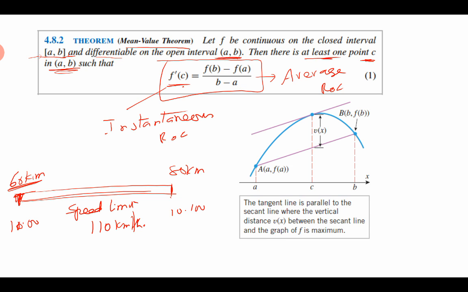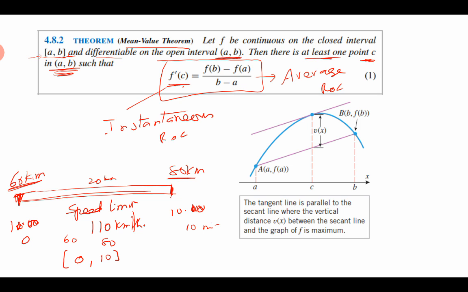At that moment the camera noted down at 10 o'clock that you are here, and at this point your odometer is showing around 80 kilometers. There the time is 10:10. The time difference is 0 to 10 minutes, so that is our limits a and b, 0 to 10. Now f of a is 60, f of b is 80.